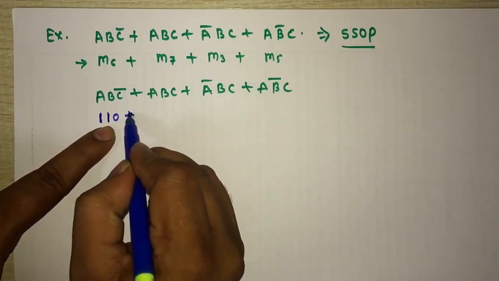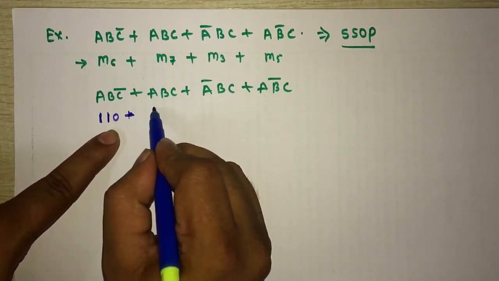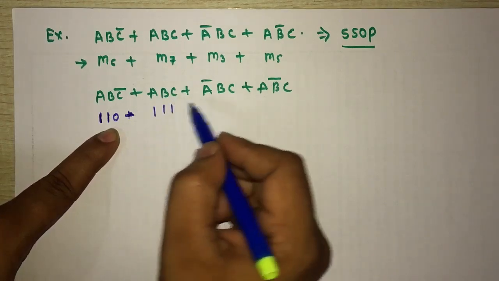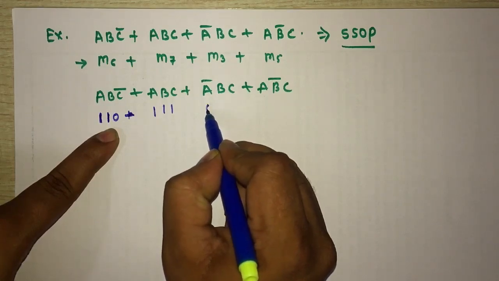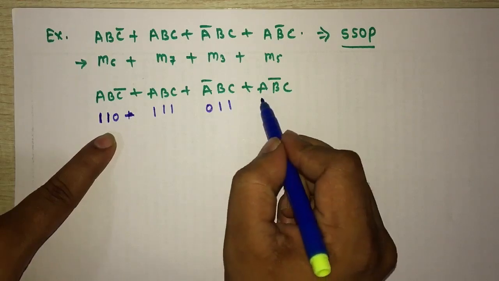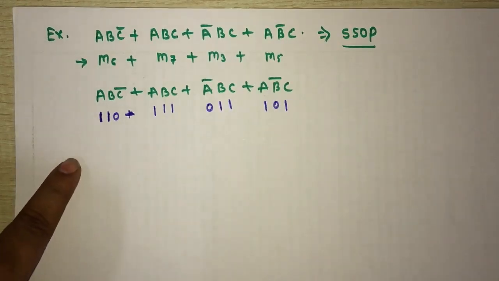Then again for the second term the value is 1, 1, 1, because all the variables are in non-complemented form. For the third one, A bar is there, so this value is 0, 1, 1, and for the last one it is 1, 0, 1.